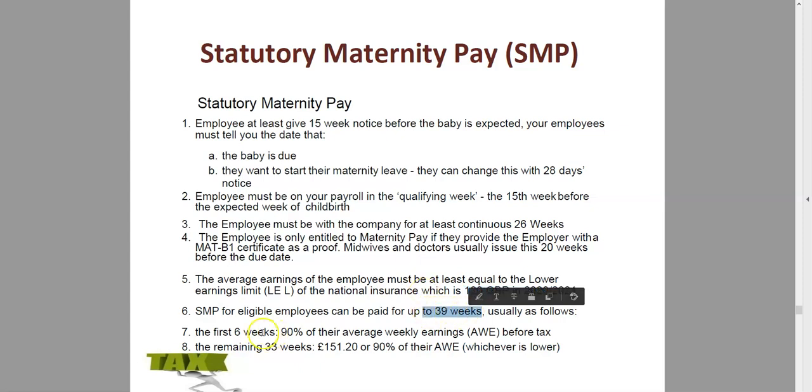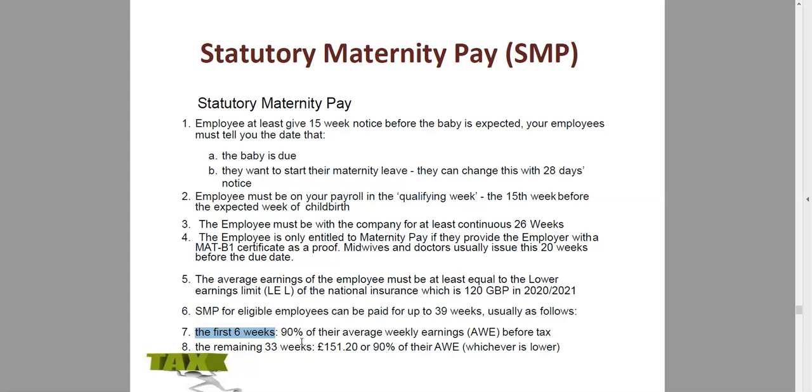The payment is 90% for the first 6 weeks. So for the first 6 weeks, she's going to receive 90% of her average weekly earnings. For example, if someone earned £1,000 a week, she will get £900 per week for those 6 weeks.